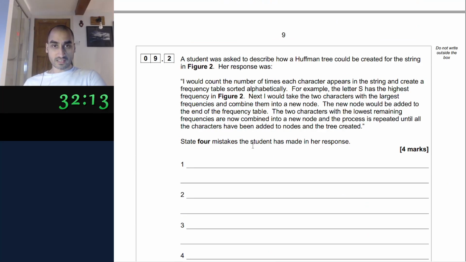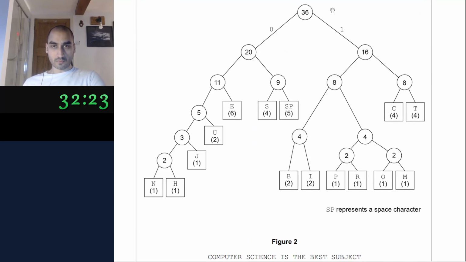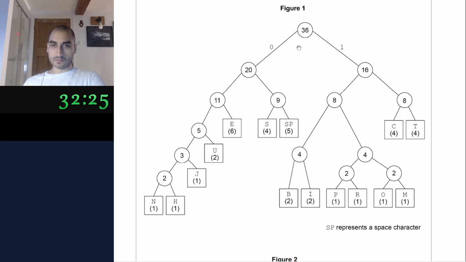Okay, this is what she's saying. Largest frequencies and combine them into a new node. Oh, she's along the right lines, I think. Yeah, what I said about splitting is not what you do, because that in itself is a hard problem to solve. So she said combine S and SP.